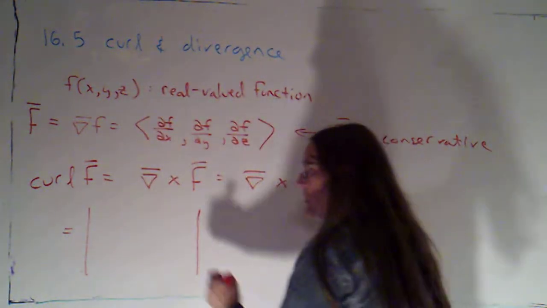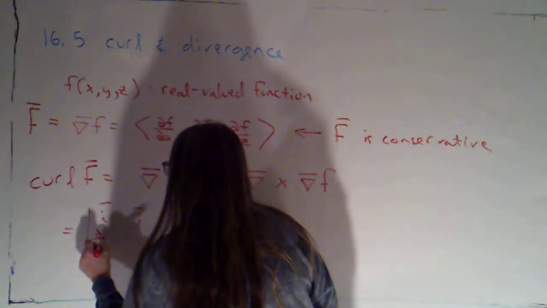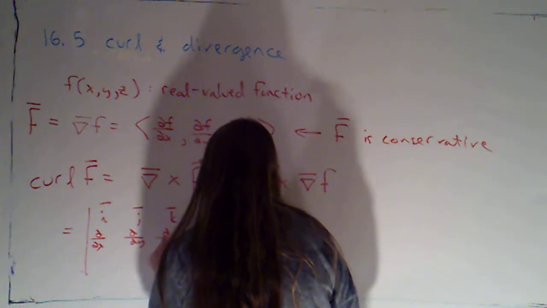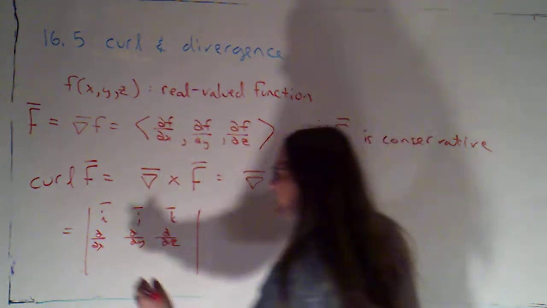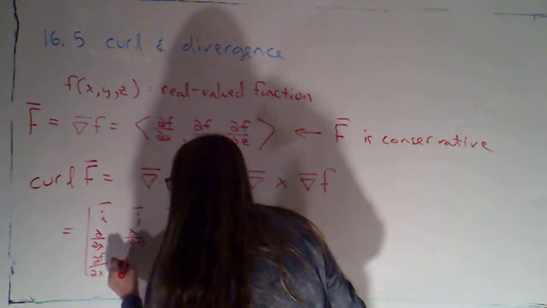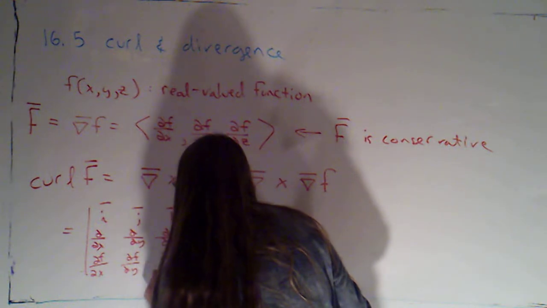However I choose to denote it, it's ijk, partial with respect to x, partial with respect to y, partial with respect to z, and then my component functions were partials of f. So partial of f with respect to x, partial of f with respect to y, partial of f with respect to z.